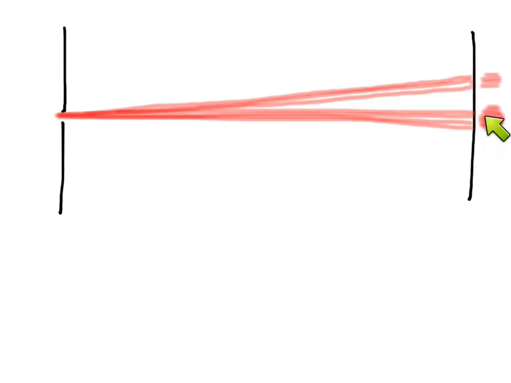As you move further away on the screen, away from that central point, some of the beams have had to travel a little bit further to get there, from the top of the slit here in the diagram than the ones from the bottom of the slit. So they can arrive at this point with all different phases. Because all the phases are random, they add up to nothing, so you get a dark fringe here.